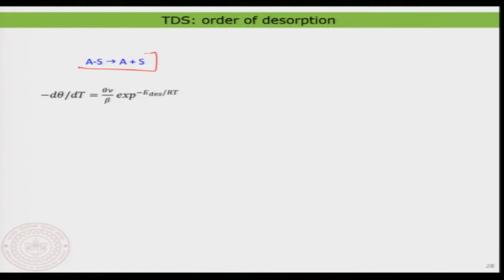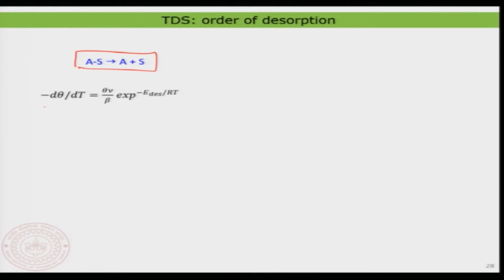Well, now we can actually try to understand a little bit more in detail about the order of desorption, whether there is any importance in the order of desorption. Well, this one, as you would find, is simply a first order reaction, right.